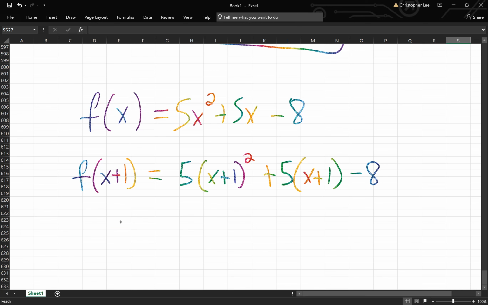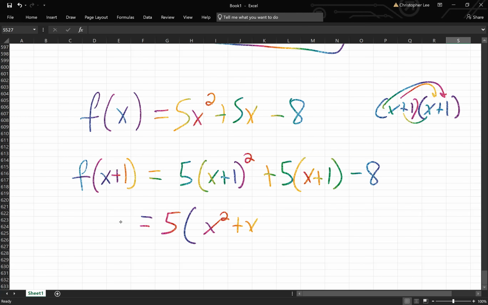After that, just do the math and simplify it, right? So this is going to be equal to what? 5 times, this is the (x plus 1) times (x plus 1), right? FOIL it. X times x, it's going to give you what? x squared plus x plus x plus 1, right? Plus 5 times (x plus 1) minus 8. Combine like terms, what do I get?